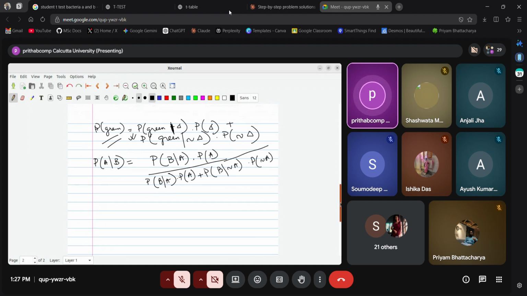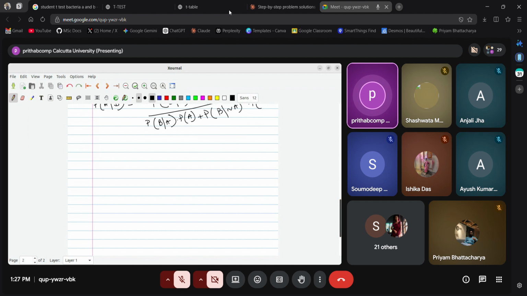Now this again can be generalized for multiple events. How will it look? The generalization we have also seen when we did probability. So probability of, let's say, A given x1, x2, x3, certain events that have happened.